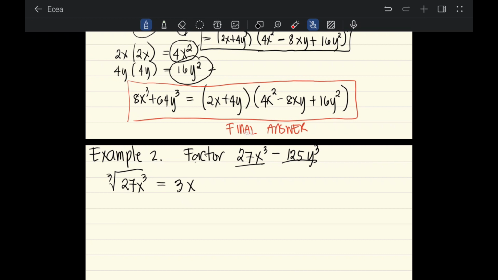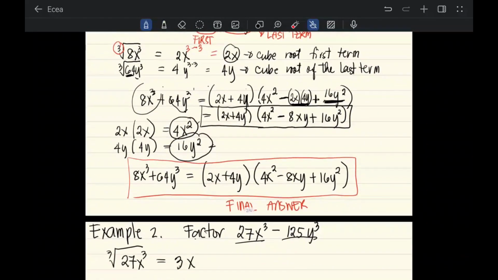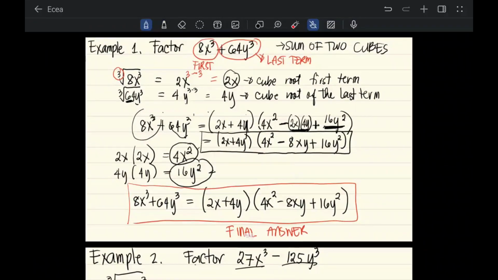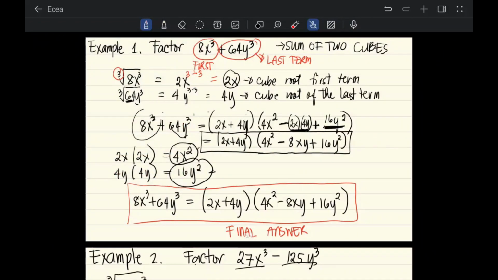And also, the variable x, minus lang ang exponent, and the radical sign, which is 3. So, ang nabilin is x. This is not minus, di ay tuod. I'm so sorry for the misinformation. This is divide. You divide 3 divided by 3, that is 1.